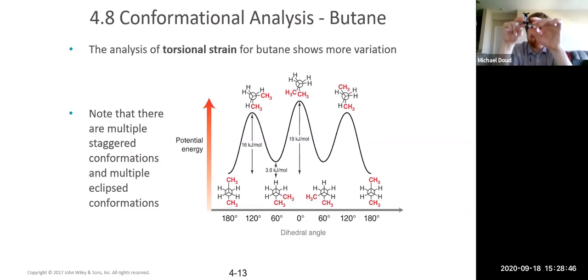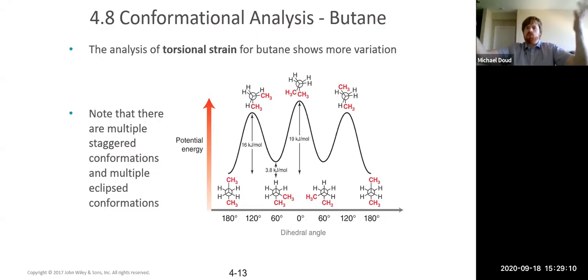Well, hopefully you noticed they're not the same. Here we have two different hydrogen-methyl group eclipsed interactions. Those are going to each cost us 6 kilojoules per mole, as we found out previously. Here, rather than having that, now we have two hydrogen-hydrogen interactions and now a methyl-methyl group interaction.